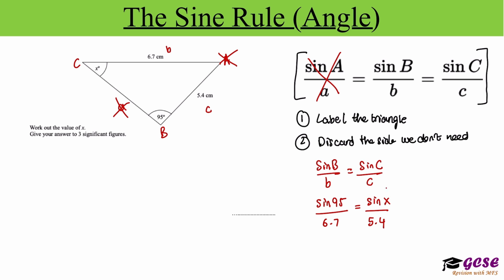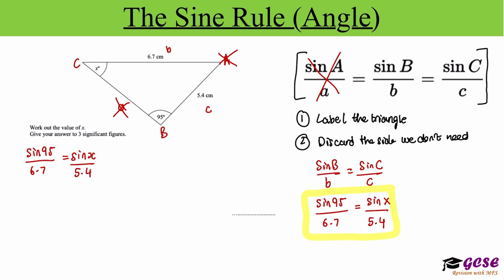So now what we are working with is this. I'm going to bring this to the other side. So we've got sine 95 over 6.7 equals sine x over 5.4.